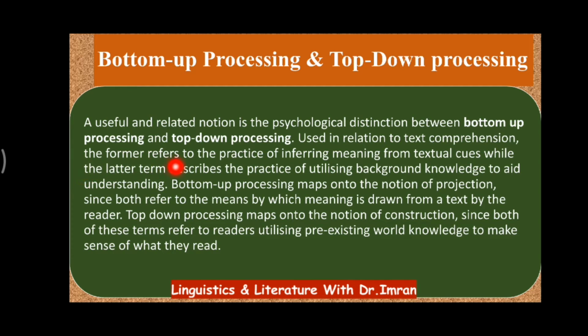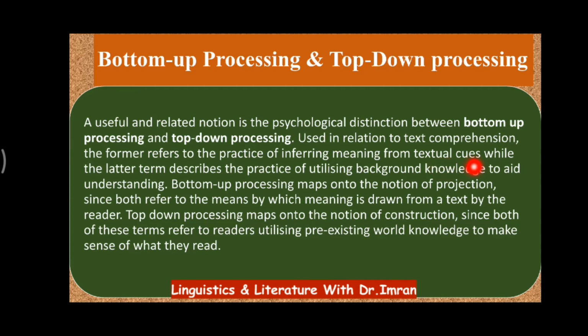The former refers to the practice of inferring meaning from textual cues. This is the former one. So bottom-up processing is used when meaning is extracted from textual cues. So we have a text, we have words on the page, we have sentences on the page, we have paragraphs on the page.